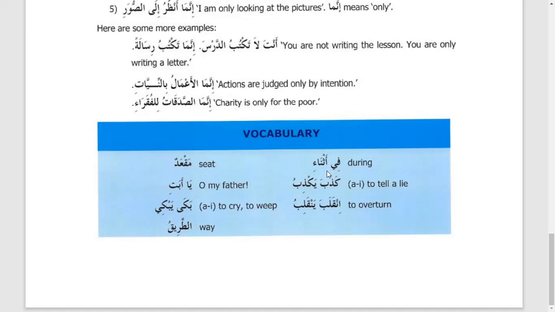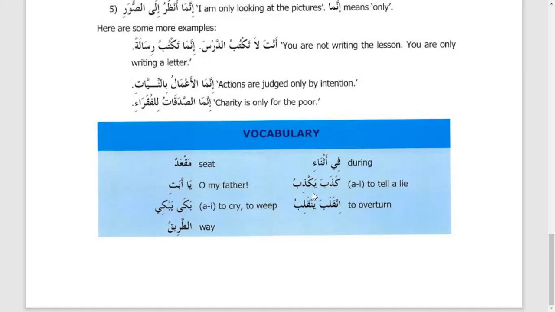Okay, notice that the word athna is what do we say? Maf'ul bihi, maf'ul fihi. Athna is maf'ul fihi, and it talks about the time. And we know that when there is a harf jar before it, it will change into kasra, fi athna'i. Otherwise, it will be athna'a.